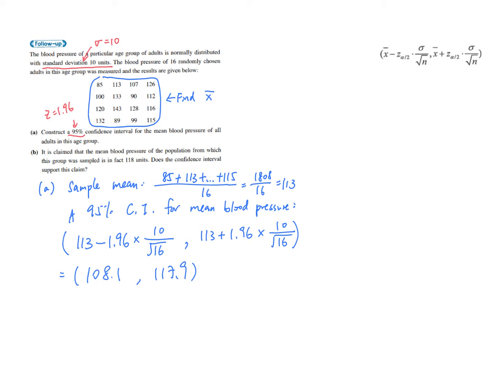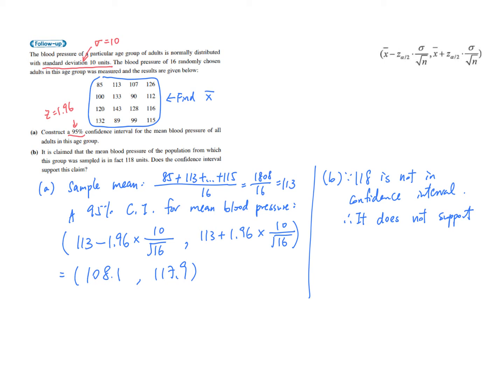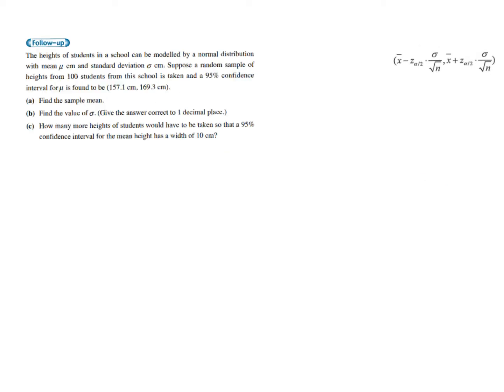Okay. 咁 obvious 就係唔 support 啦，咁因為呢個 range 係由108.1到117.9嘅，咁佢呢個118就唔係 between 呢個 interval 入邊嘅，咁好明顯佢哋就唔 support 呢一個嘅說法嘅，咁118 is not in the confidence interval. So of course it does not support this claim. Okay, so that's it for this question.